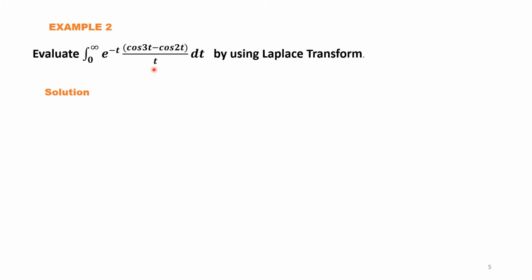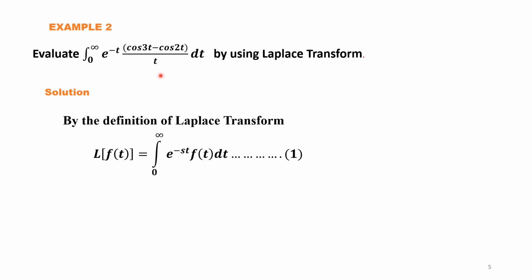If the Laplace transform is directly given, L of some function is given, then we have to make use of the properties of Laplace transform and find the Laplace transform of that function. If L is not given, instead we are given some definite integral, then convert this definite integral to Laplace transform and then make use of those properties of Laplace transform to find the Laplace transform of the given function.